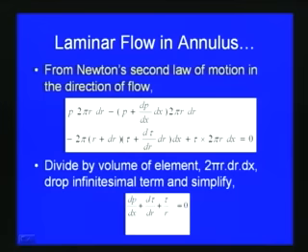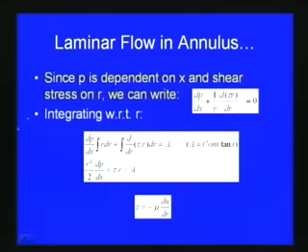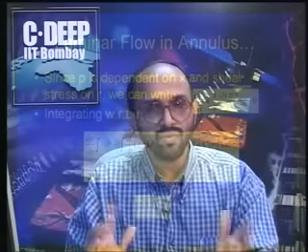So, this is after application of Newton's second law, equating all the forces to 0, and then after simplification we get dP by dx plus d tau by dr plus tau by r is equal to 0. And now our aim is to get an expression for velocity.